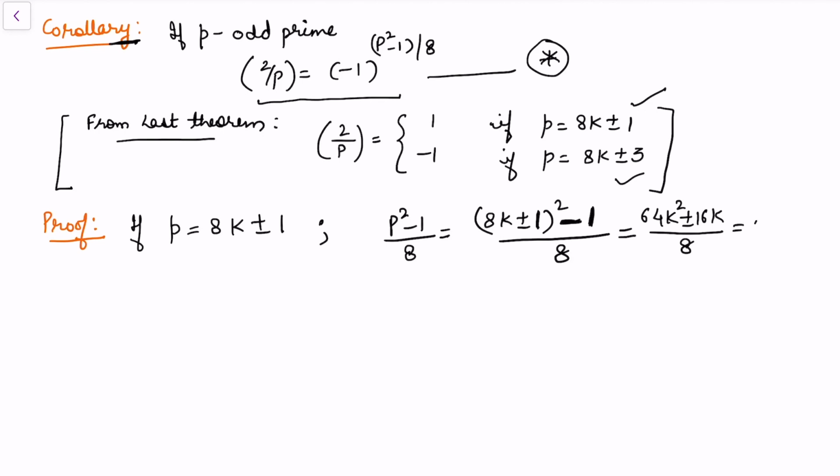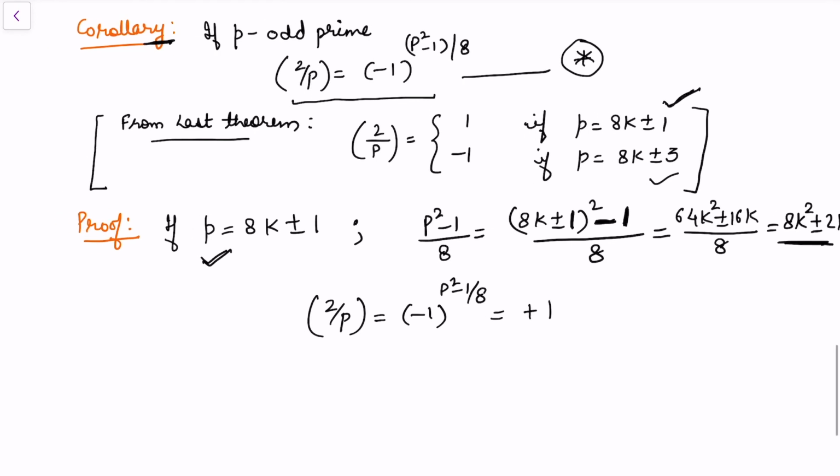So this value is 8k² ± 2k. But we see that this is all even. So 2/p is (-1)^((p²-1)/8) and this value is +1. So no issues. This result matches our previous claim that whenever it is 8k±1 form, it gives me +1.